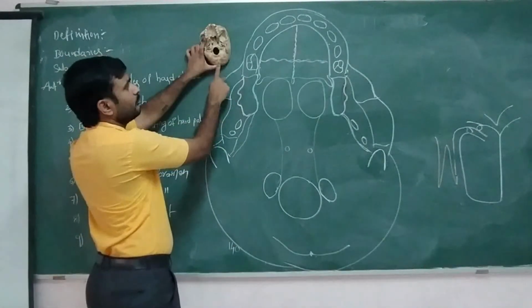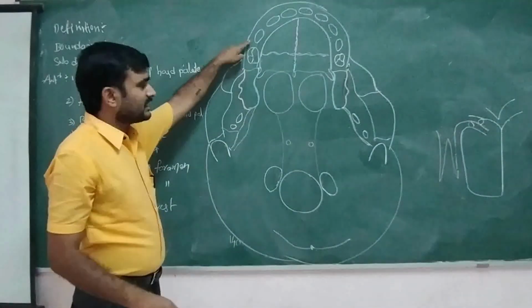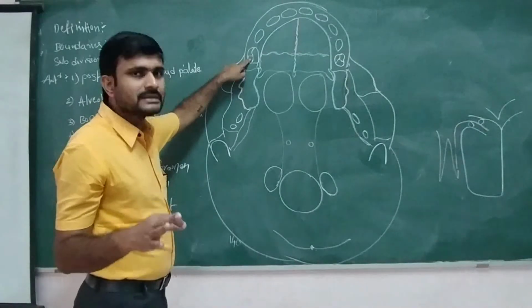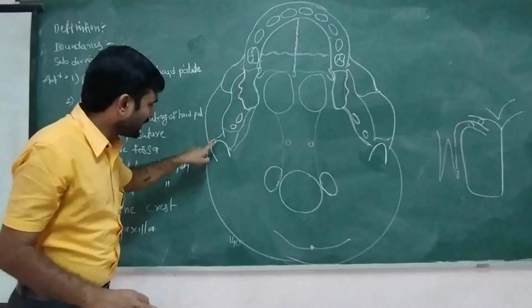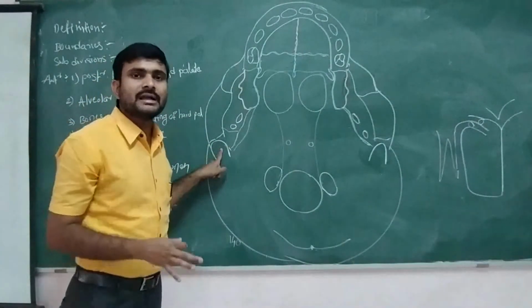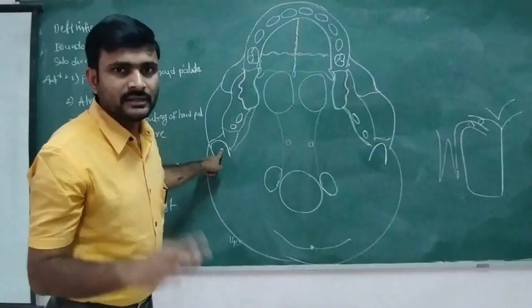Then on each side, the rest of the teeth, that is the canines, premolars and the molars, and the zygomatic arch and the mastoid process of the temporal bone. These are the boundaries of norma basalis.